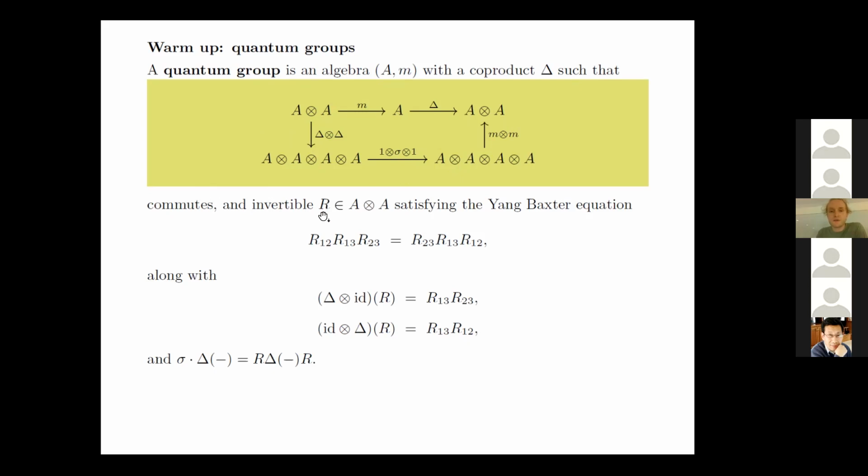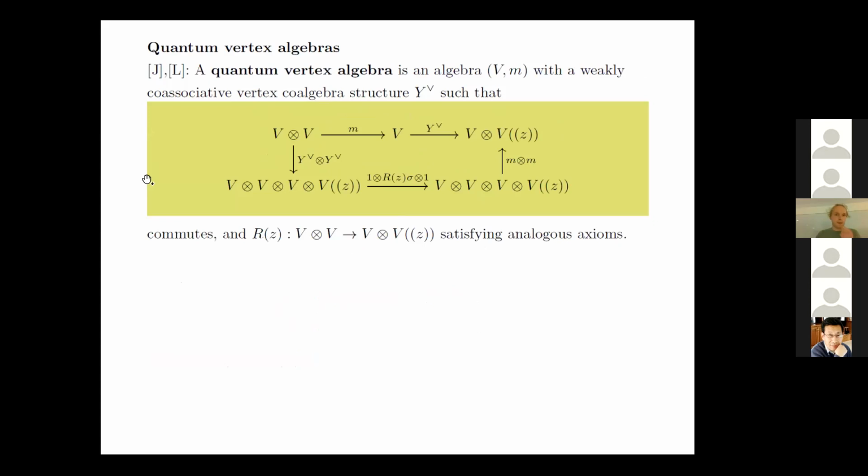And it's got an invertible element R in A tensor squared, satisfying the Yang-Baxter equation and some other compatibilities. So the important part is this diagram essentially. So okay, the main point is now a quantum vertex algebra. So let's see.